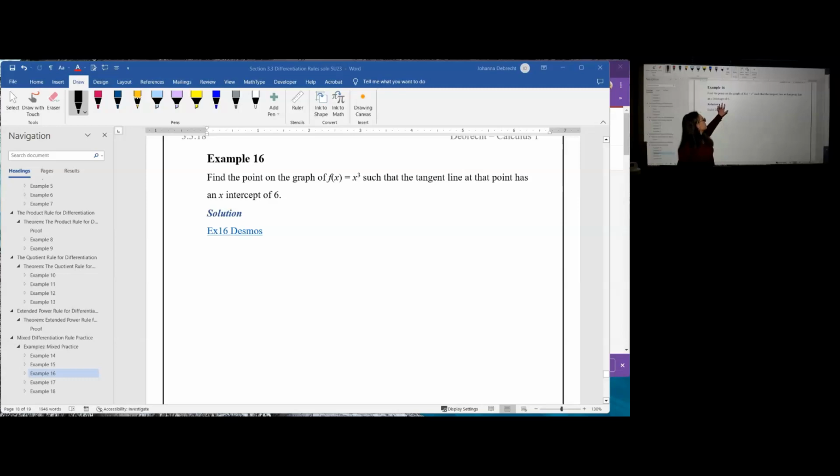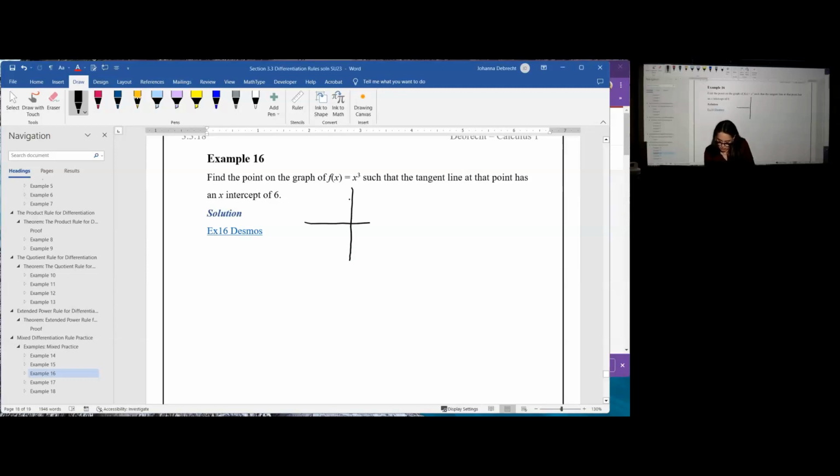Problem 16 says, find the point on the graph of x cubed, which looks like this, such that the tangent line at that point has an x-intercept of 6. Well, now this is kind of a complicated thought. So let's draw a picture and try to visualize what's happening.